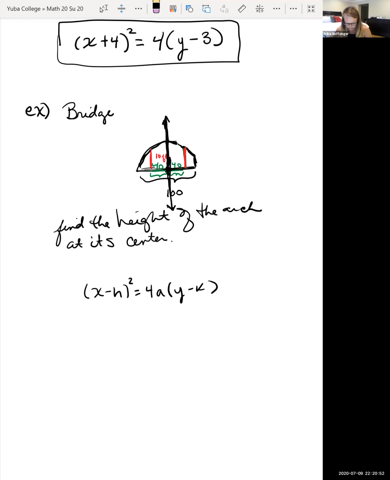And so if we did that, that would tell me that my h value is going to be 0. My k value, I do not know what that is. I need to find that height. That's the whole point of this right now. What else do we know?